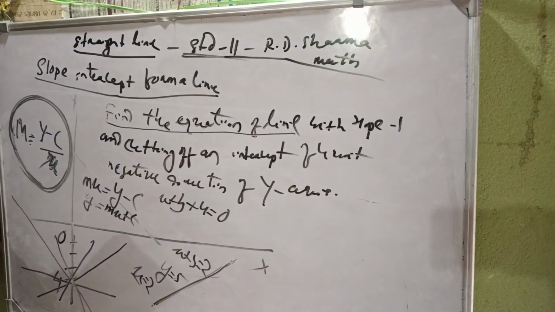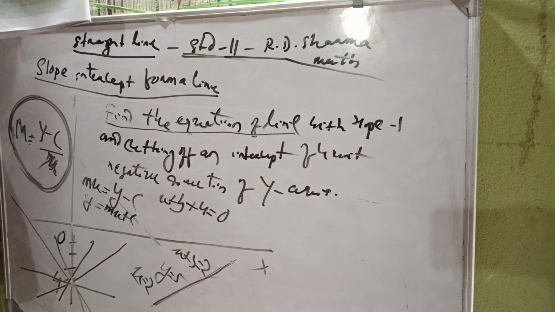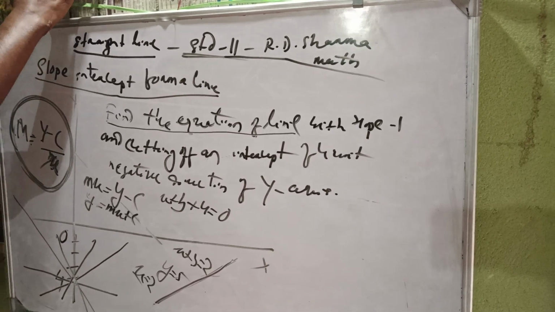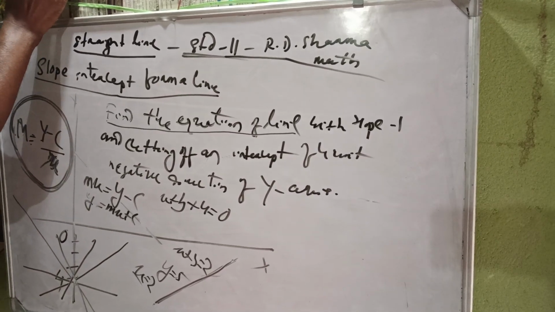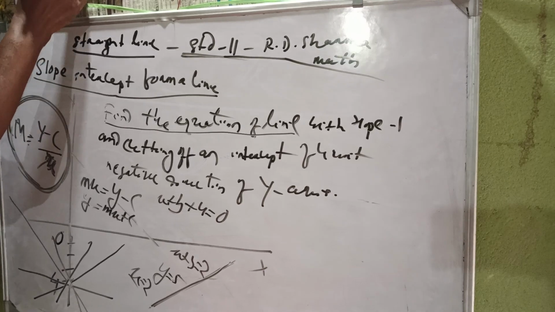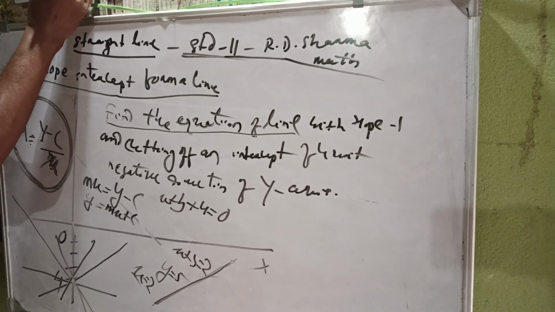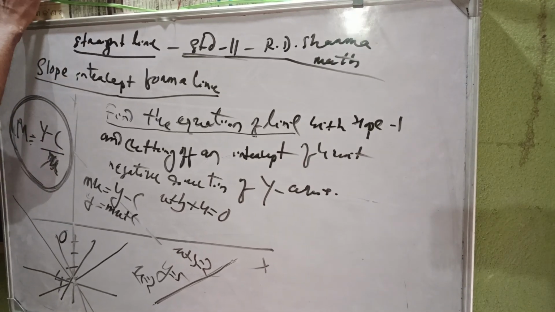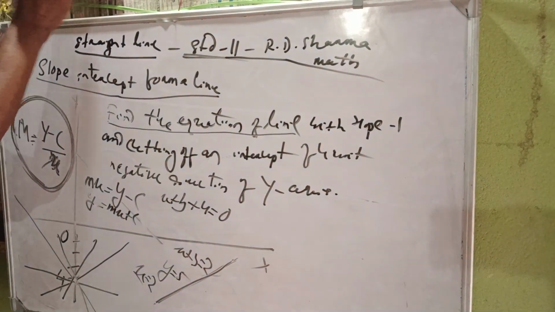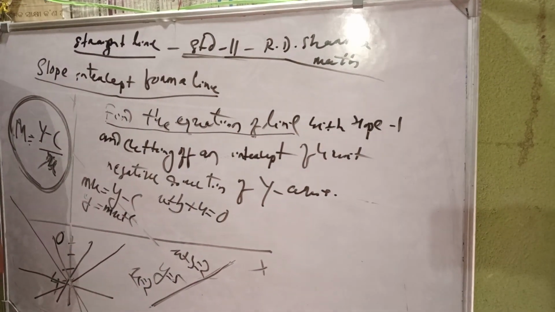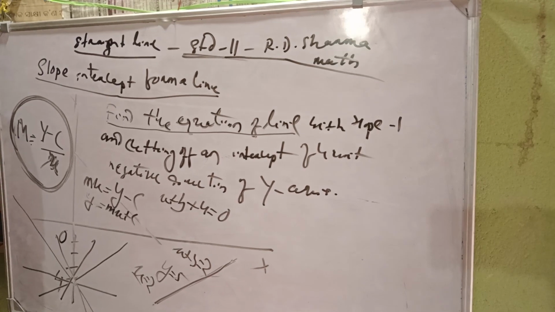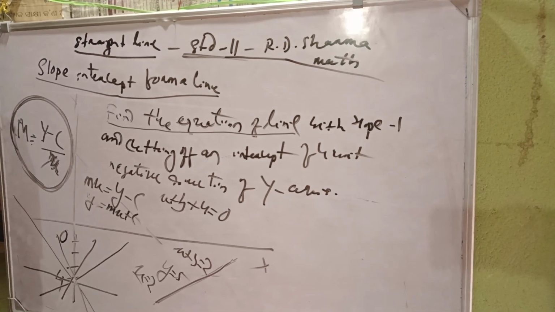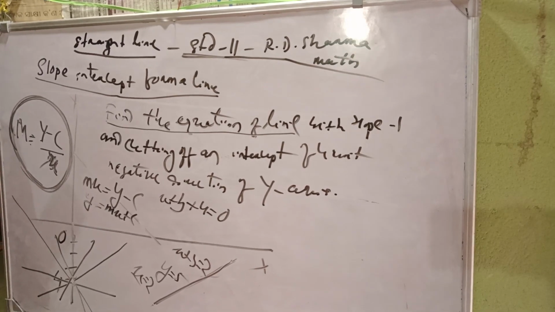Are you getting doubts? If you go to this point also, the same coordinates, and you put the values of x and y, the value will be 0. Then all the single coordinate points on this straight line satisfy this equation.